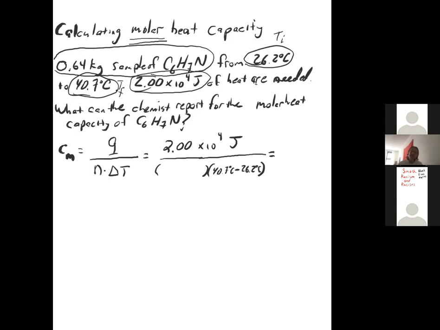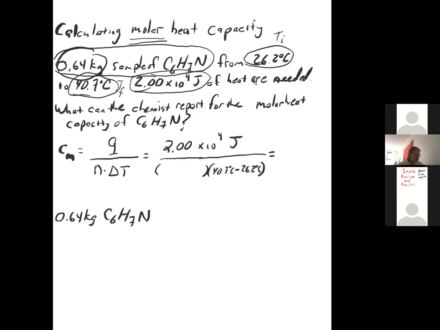So we just have to figure out how many moles there are. Now be careful, this is in kilograms. We have 0.64 kilograms of C6H7N, and we need to figure out its molar mass and then convert that into moles. But it's in kilograms. Remember, molar masses are in grams per mole, not kilograms per mole.